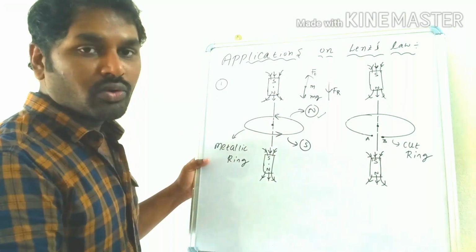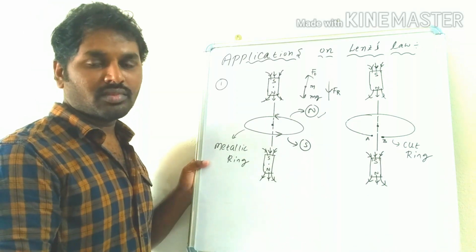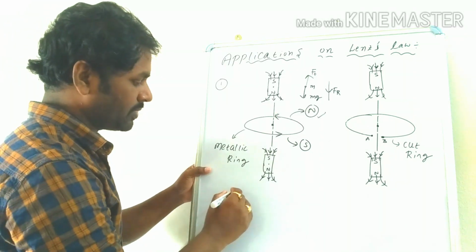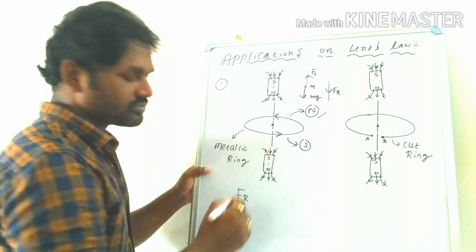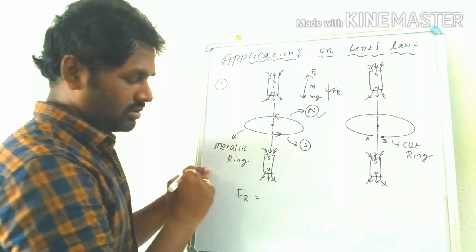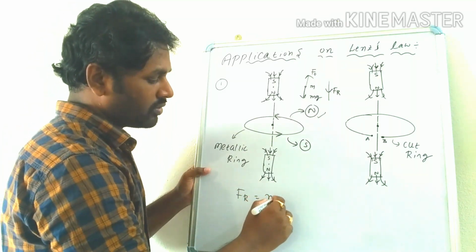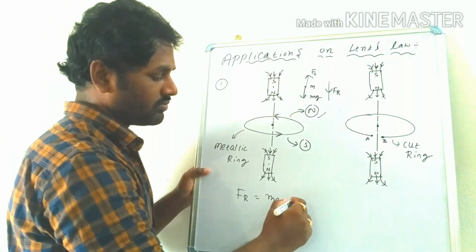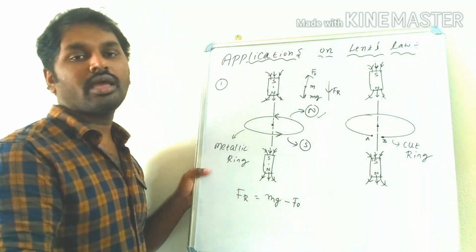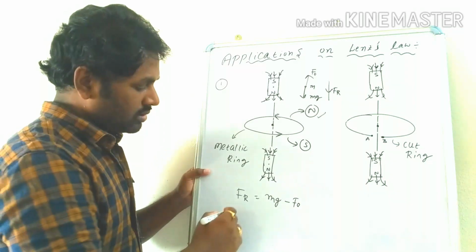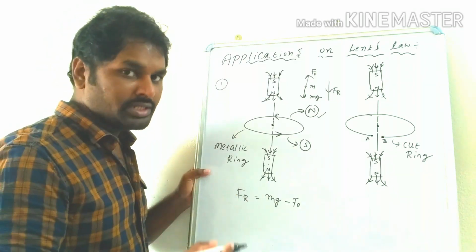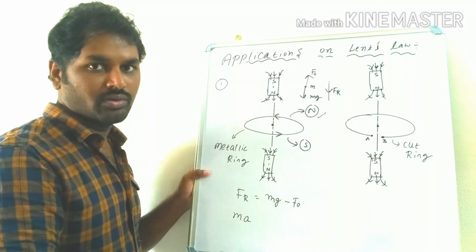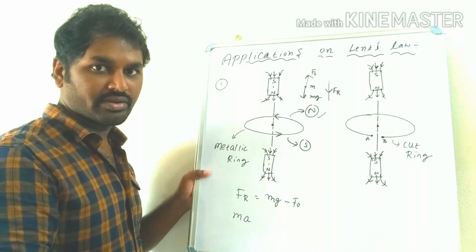So let us write Newton's second law for this case. The net force F is equal to the downward force, which is mg, minus the upward force, which is the opposition force F naught. We can write F as m into a according to Newton's second law. Any net force is equal to the mass of the body into its acceleration.